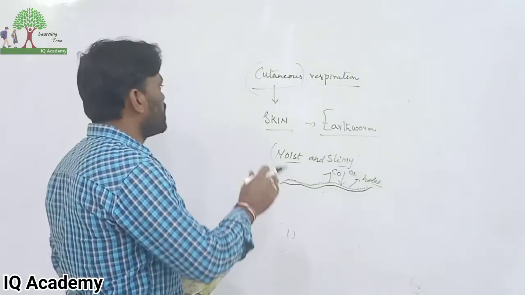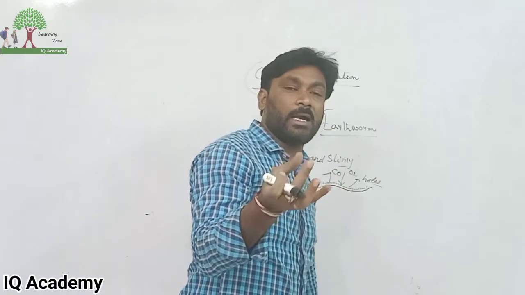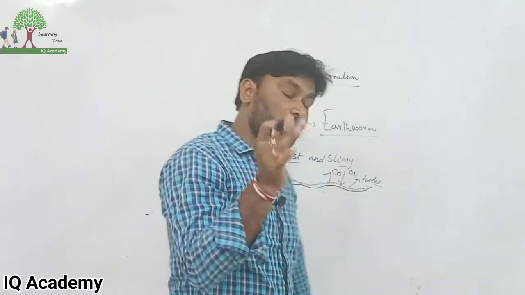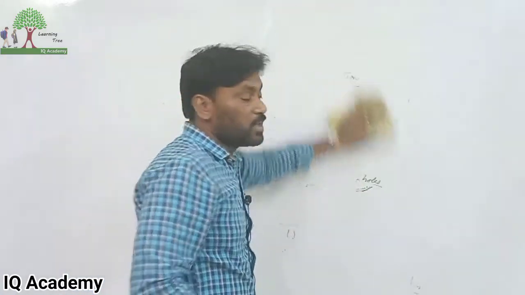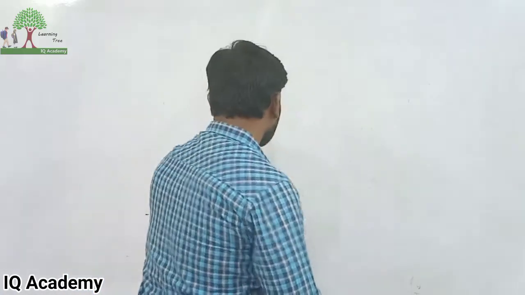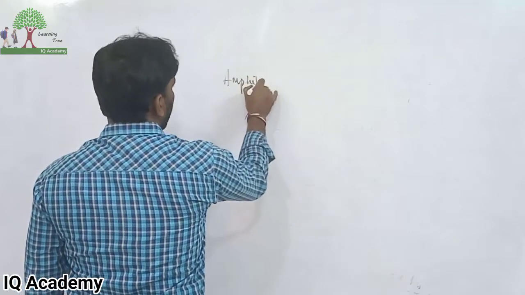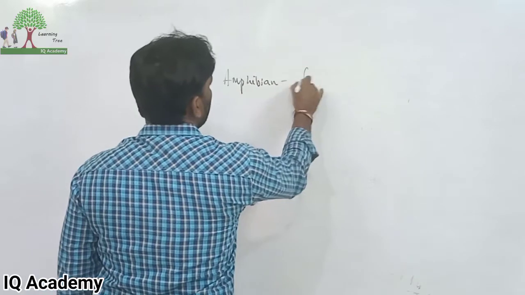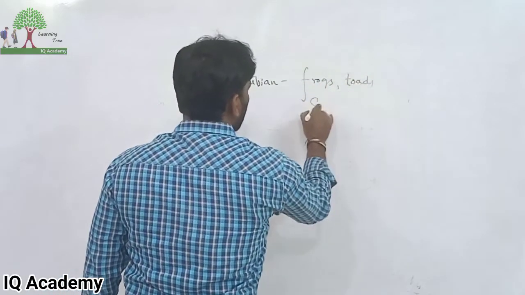So now we have discussed cutaneous respiration, branchial respiration and tracheal respiration. One important aspect in respiration is in amphibians, which have a very interesting property. Examples of amphibians are frogs, toads and salamanders.